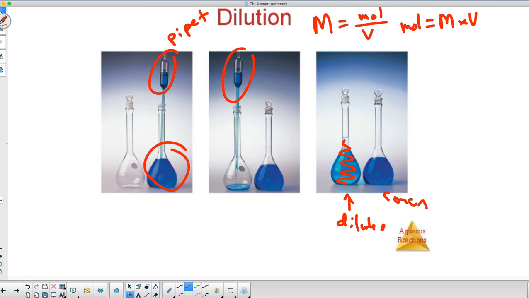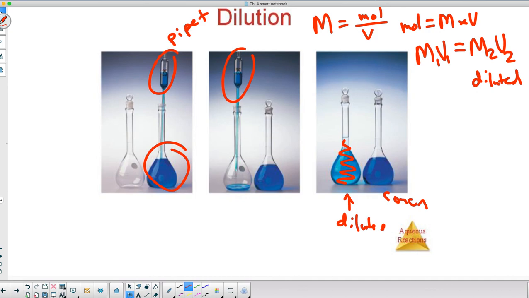That's what happens when I solve for moles. If I keep the moles the same but change the volume and the concentration, I end up with an equation that looks like this: M1 V1 equals M2 V2. M1 and V1 are the more concentrated side with the lower volume of my number of moles, and M2 V2 is the diluted side, which means lower concentration but higher volume. So this is our working equation for dilution.